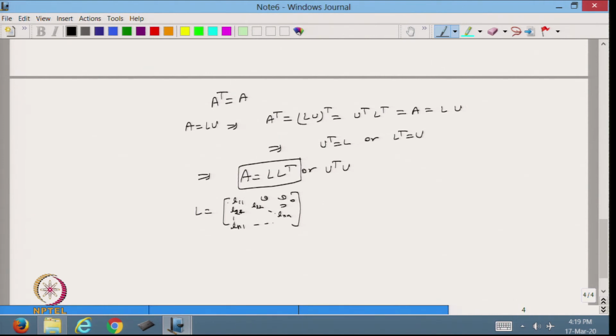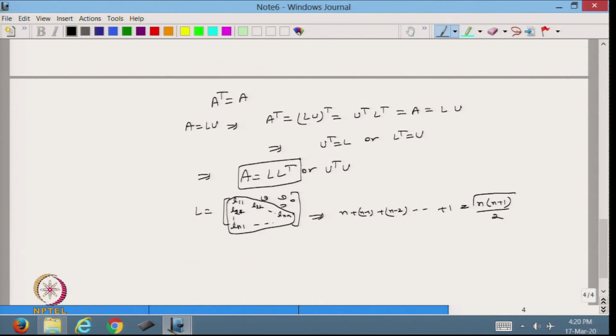Now my L transpose will have the same elements, but it will become the upper triangular matrix. So, from here I can say that I need to find only these elements, and how many elements are there? We have n elements at the diagonal, plus n minus 1 at these points, plus n minus 2 and so on up to 1. So, this will be equal to n times (n plus 1) by 2.